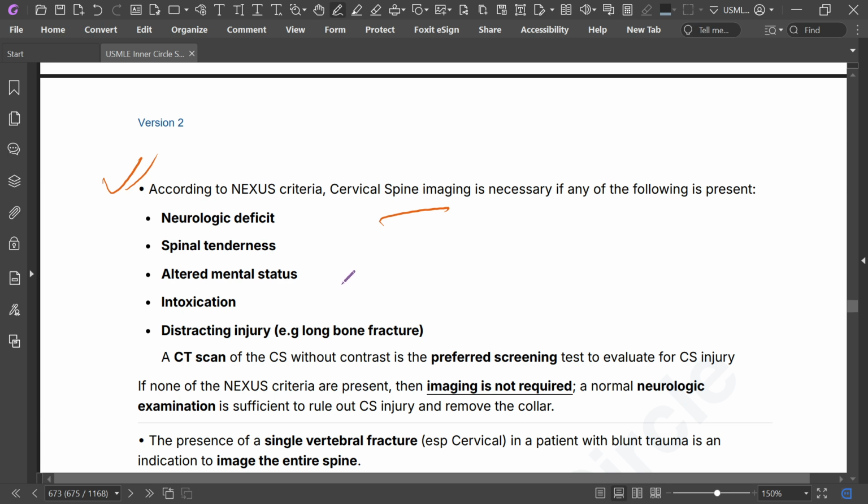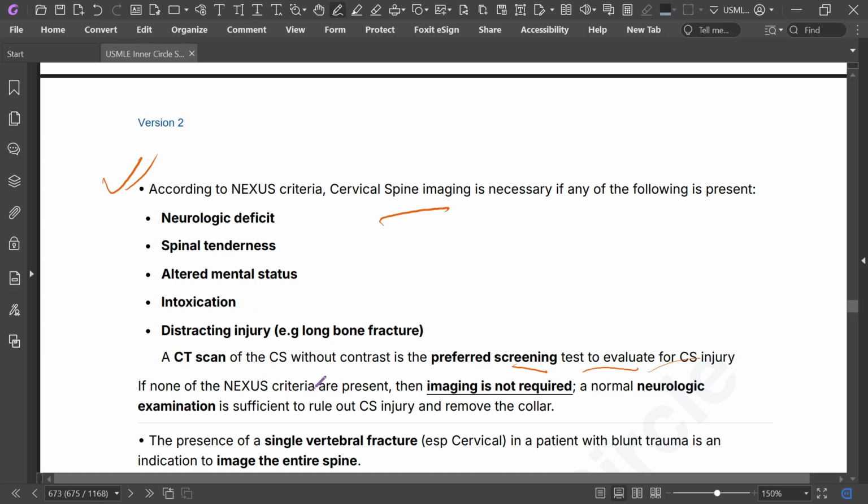A CT scan of the cervical spine without contrast is the preferred screening test to evaluate for cervical spine injury.